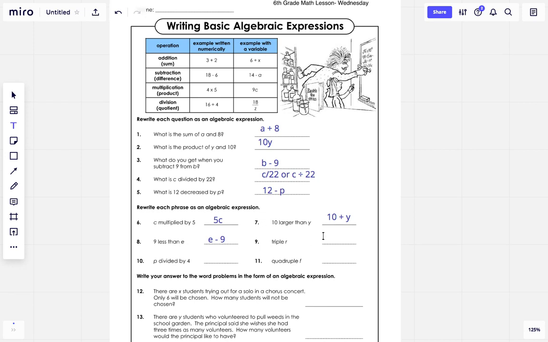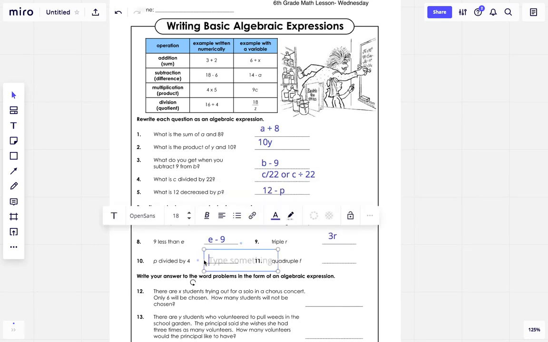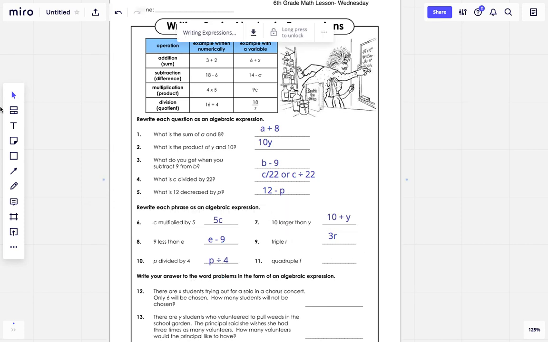And number 9, triple r. So triple we know means 3, or 3 times r. So triple r would just be 3 times r, or 3r. P divided by 4. So we can say P divided by 4 and use the division symbol, or we could make it into a fraction, P over 4.